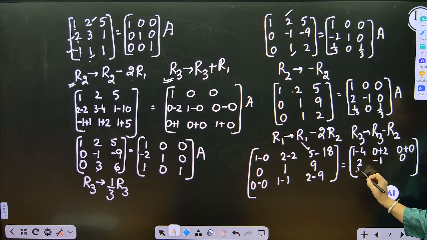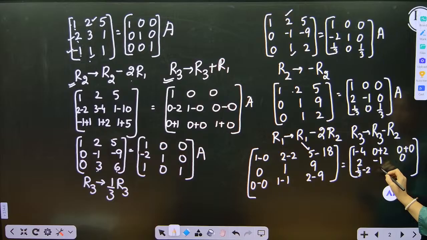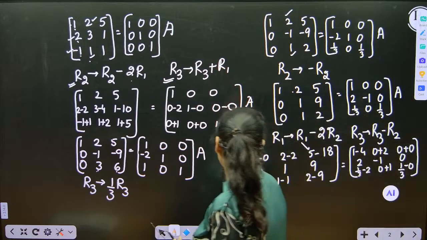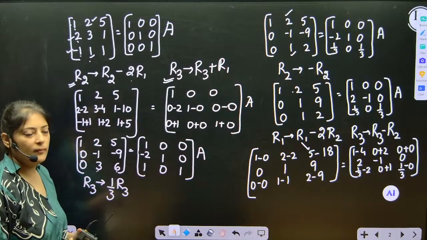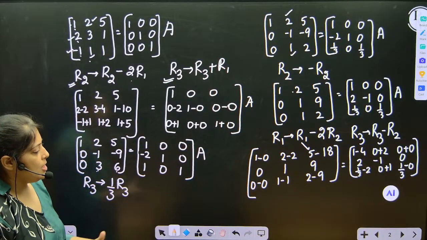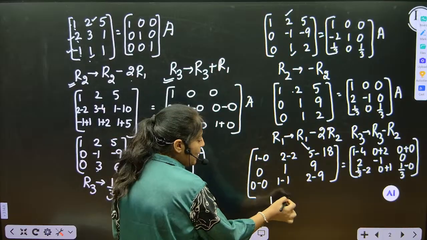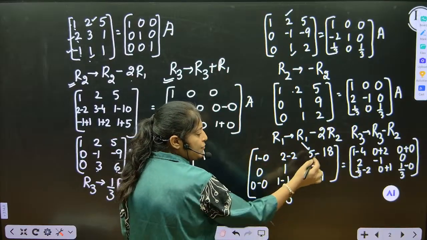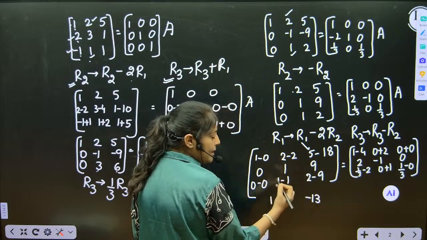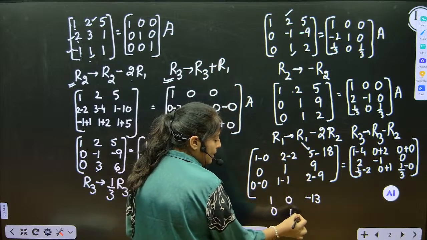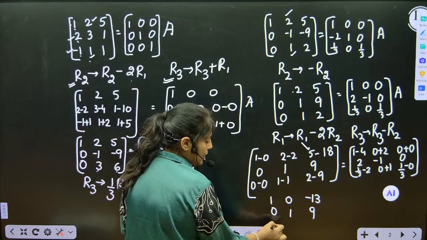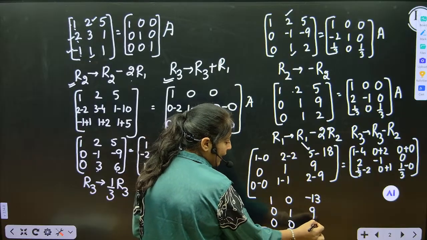That means 1 by 3 minus 2, 0 minus minus plus 1, 1 by 3 minus 0. So now simplify it. 1 minus 0 is 1, 2 minus 2 is 0, 5 minus this is minus 13. 0 1 9, 0 0 minus 7.